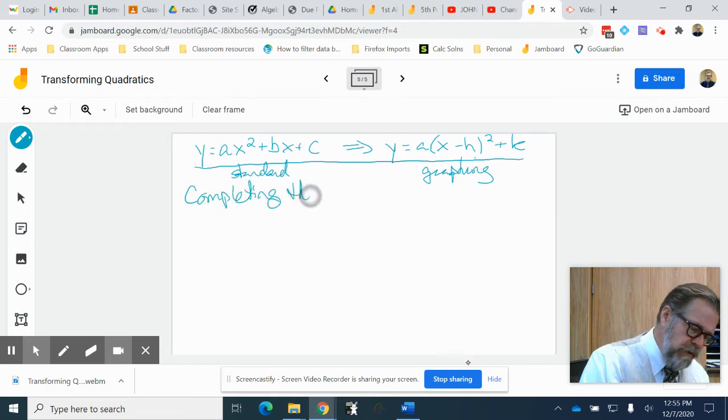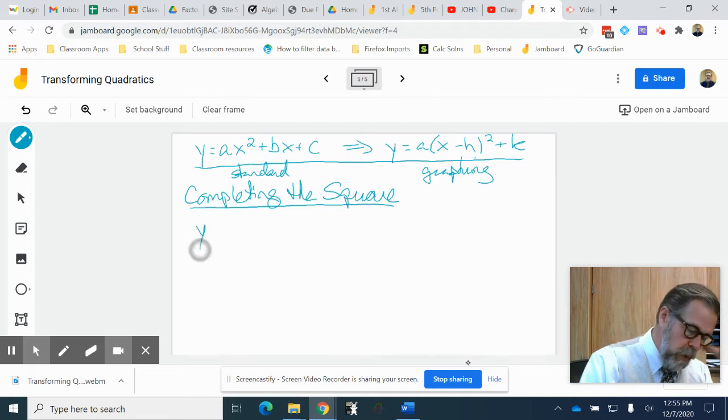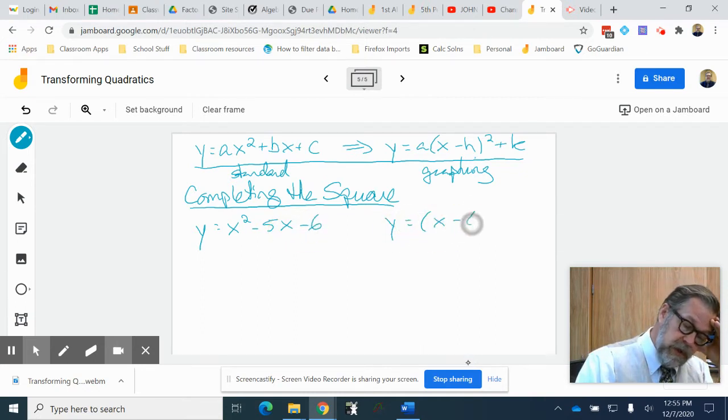And I will very quickly show you how that works, and then we'll generalize a little bit. So I'm going to start with y equals x squared minus 5x minus 6. And very quickly notice that I could factor this as y equals (x minus 6)(x plus 1).